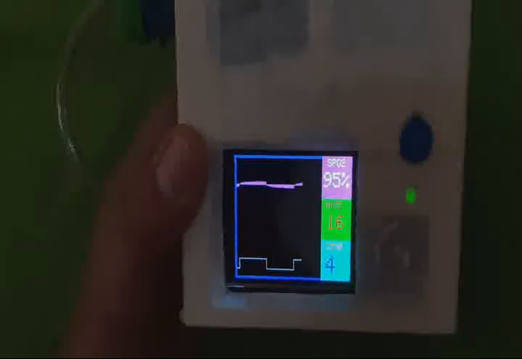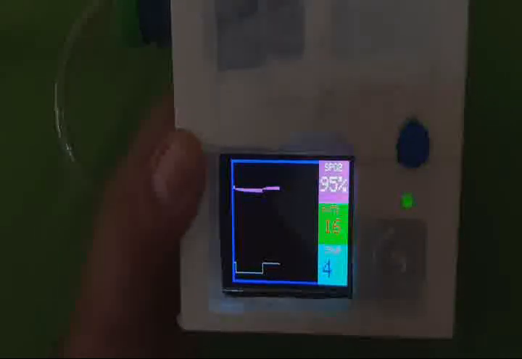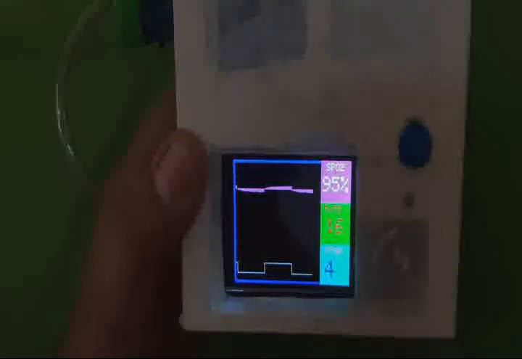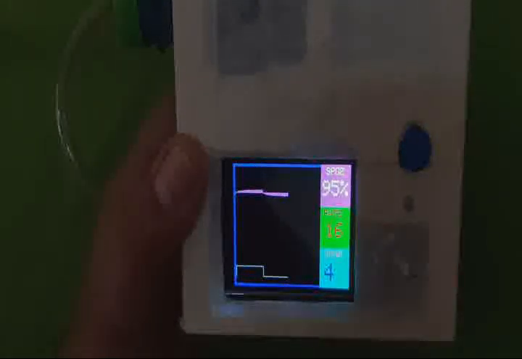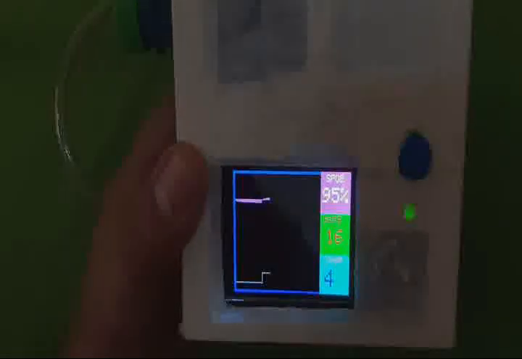How many percent oxygen is in the blood, and it will also show you the heartbeat. This is the pulse rate also. For that you have to use an oximeter and a heartbeat detector.